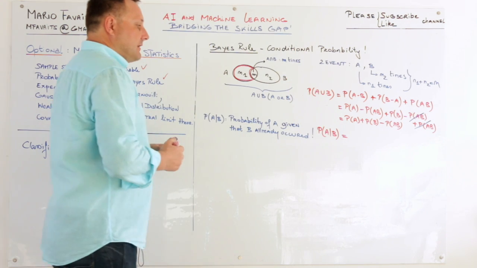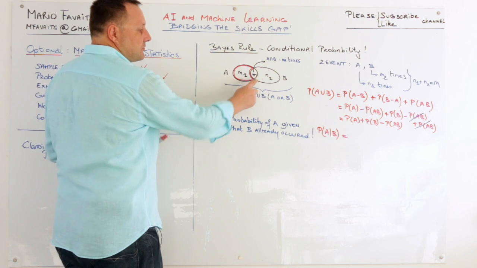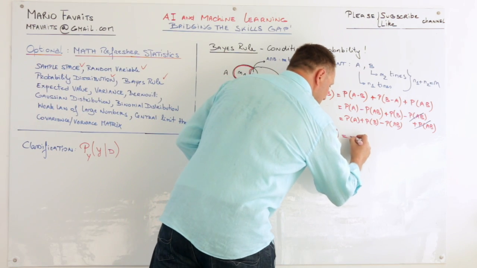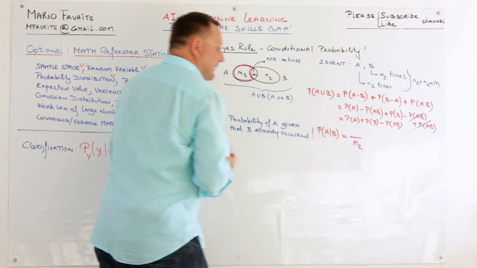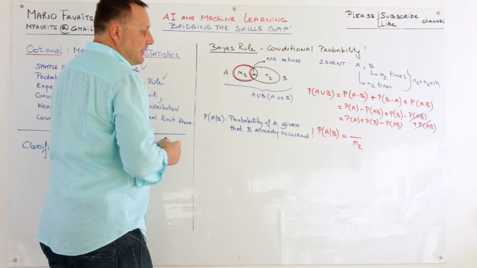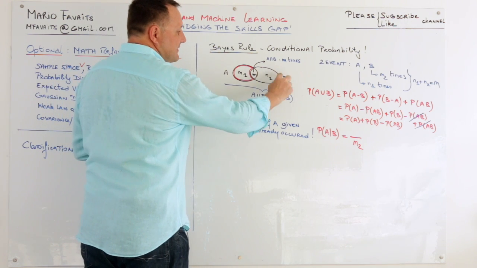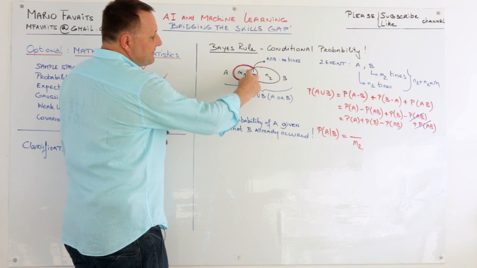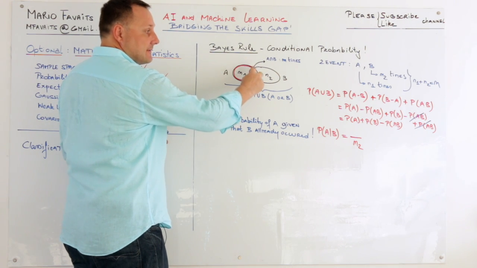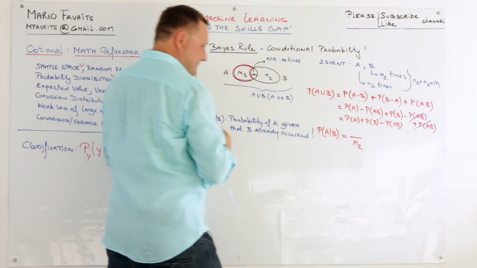Now we know that B happens n2 times, and once you consider B as given, the only piece where we can find A is this middle piece, and that occurs m times.